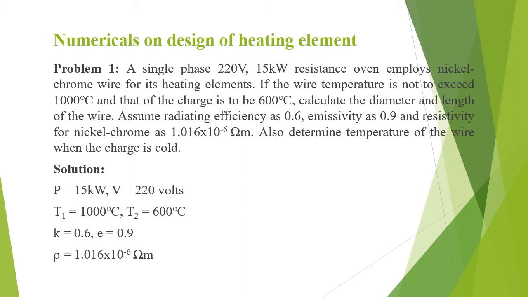So the given data is power P equal to 15 kilowatt. Supply voltage V is 220 volts. Temperature of the hot body T1 is 1000 degrees Celsius and of the cold body T2 is 600 degrees Celsius. Radiating efficiency K is 0.6, emissivity E is 0.9, resistivity rho is 1.016 into 10 to the power minus 6 ohm meter.